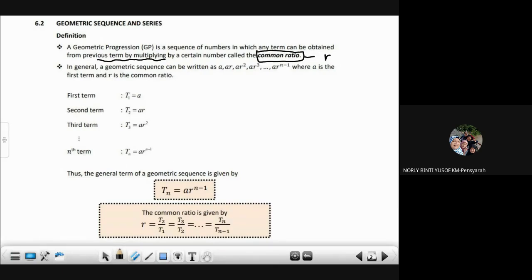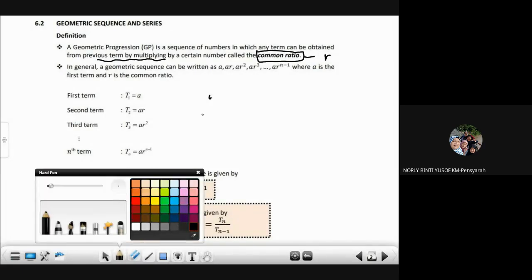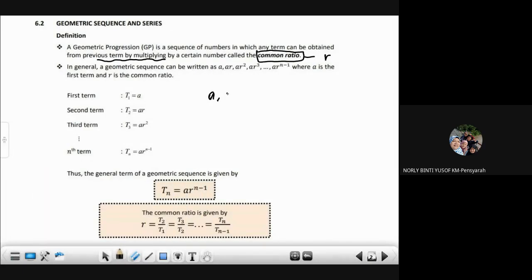So in general, geometric sequence can be written as, kalau semalam first term, lepas tu second term, A tu sama, still first term in arithmetic, cuma dia A plus D, then A plus 2D, that is in terms of arithmetic kan. Sekarang geometric, since that common ratio, so first term adalah A, then you multiply with the common ratio.